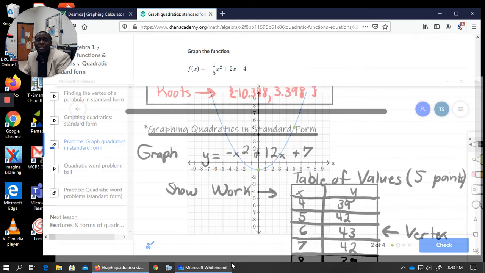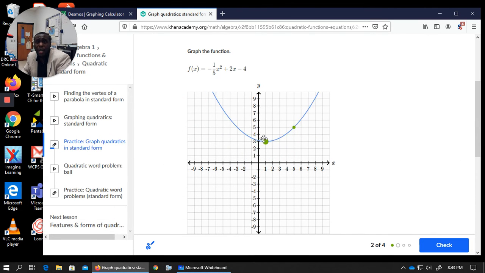So guys, once you have the vertex dragged to wherever the correct place for the vertex is, all you need to do from there is drag this other point. Just one other point.